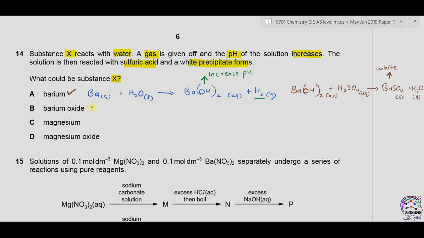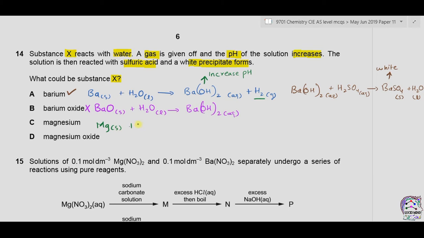B is barium oxide. Now barium oxide is a base and it dissolves in water to form barium hydroxide. Now no hydrogen gas is released in this process, so B is incorrect. C is magnesium.